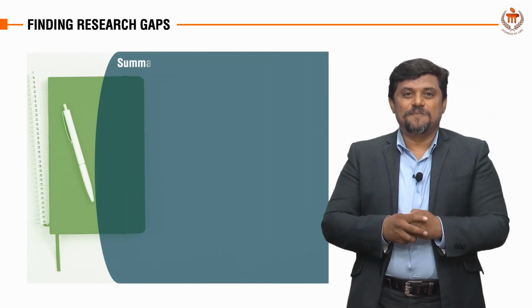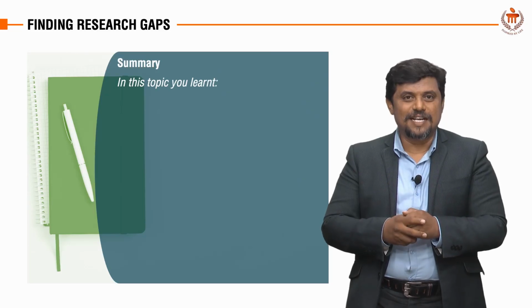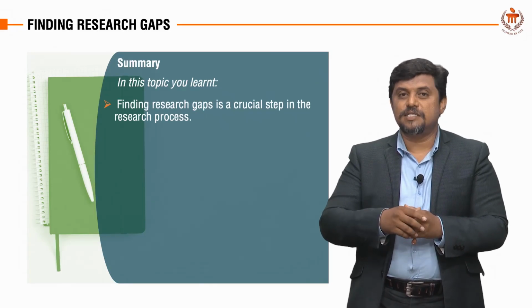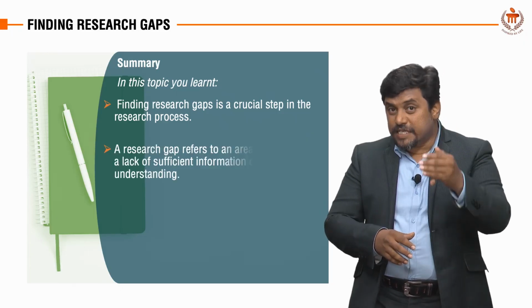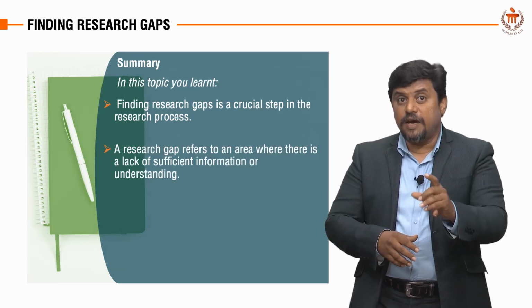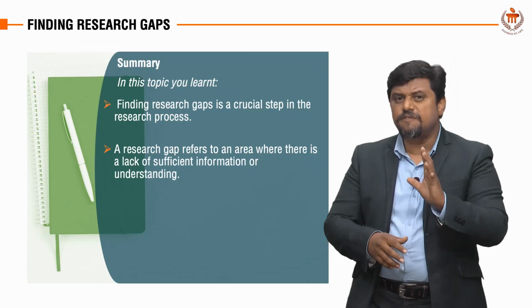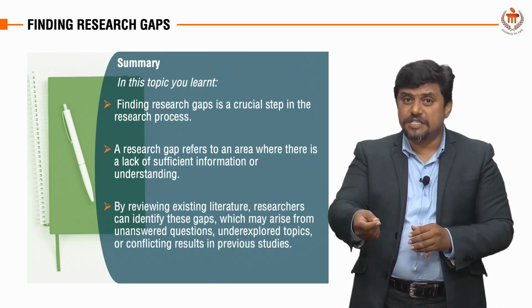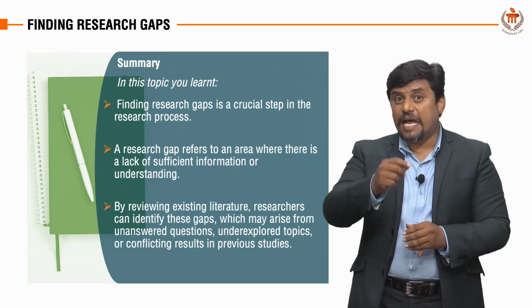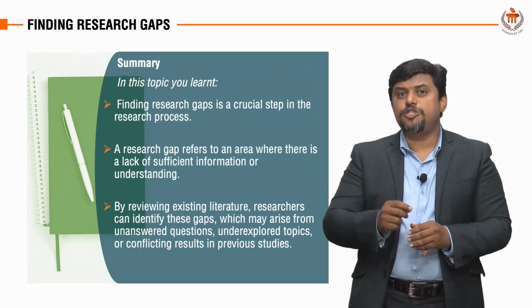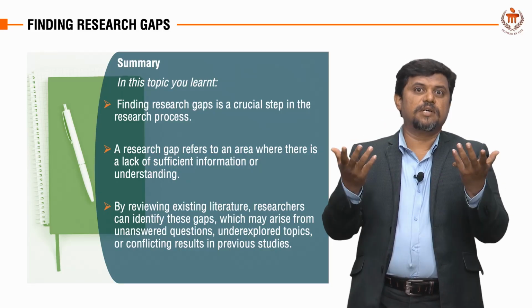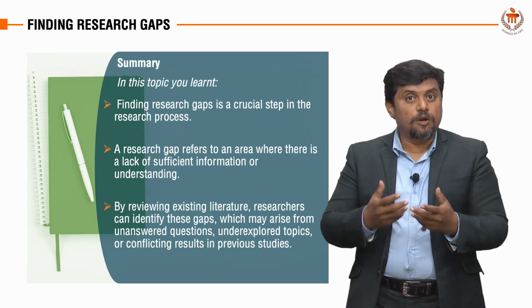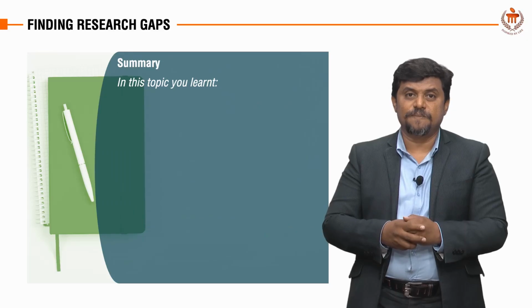So let's summarize now. In this topic, you have learned that finding research gaps is a crucial step in the research process. A research gap refers to an area where there is a lack of sufficient information or understanding. By reviewing the existing literature, researchers can identify these gaps, which may arise from unanswered questions, unexplored topics, or conflicting results in previous studies.